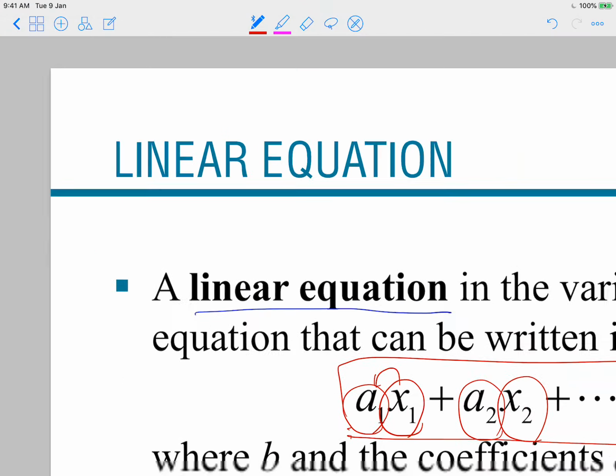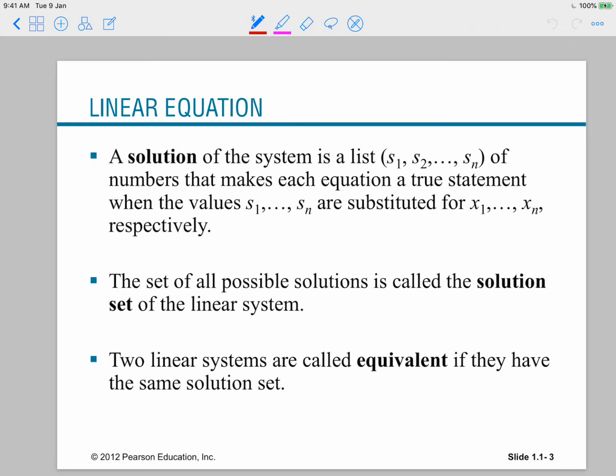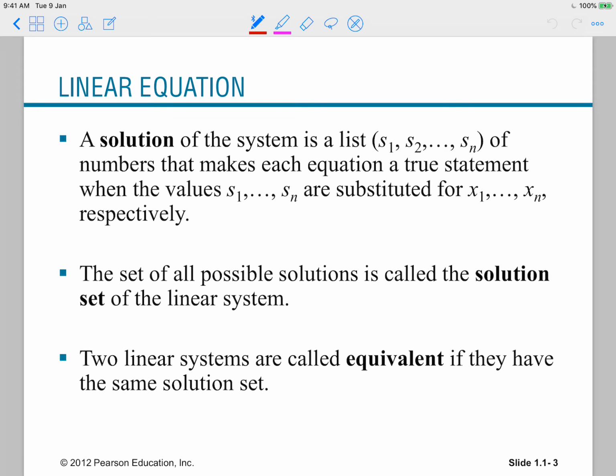A system of linear equations, or in short a linear system, is a collection or a set of one or more linear equations. But these equations should involve the same, common set of variables.